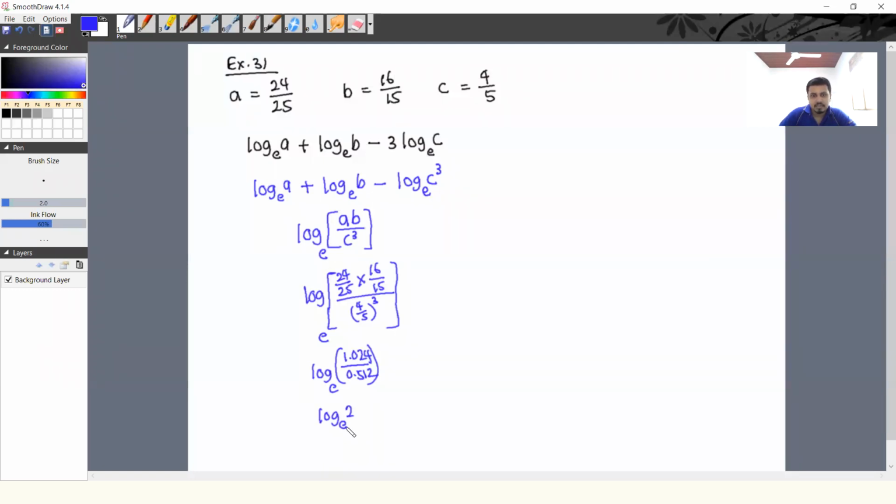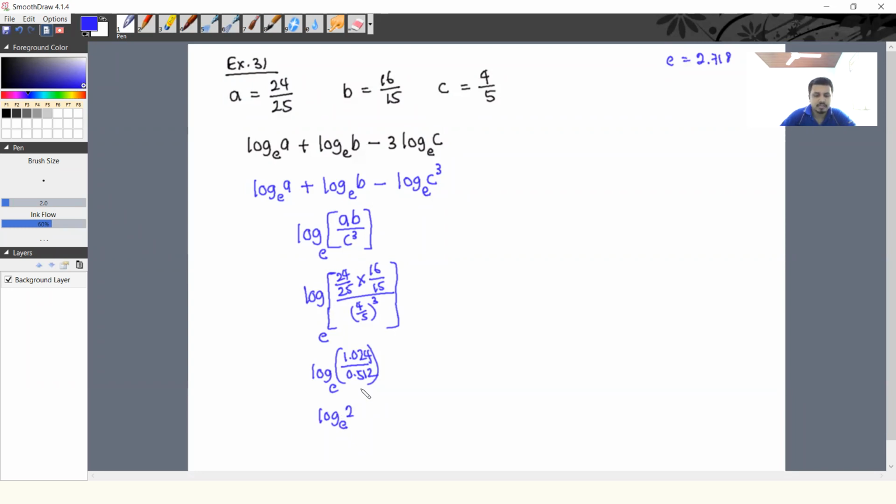When it is base e, we call this natural logarithm, right? The value of e is usually considered as 2.718. When the base is e, we consider this a natural logarithm.